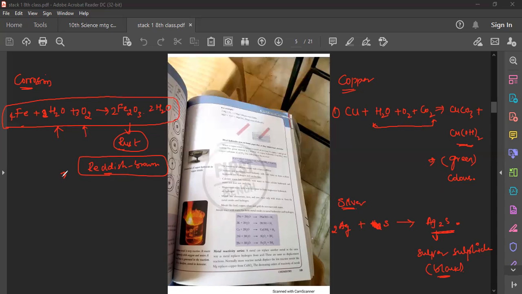Sir, applying a layer of zinc on the iron. Very good. So coating of zinc metal on the surface of iron articles is called galvanization.